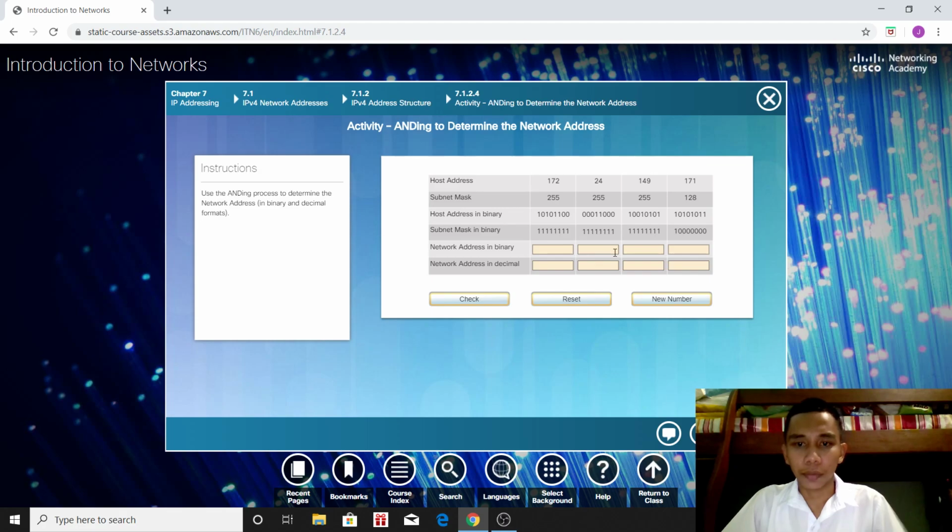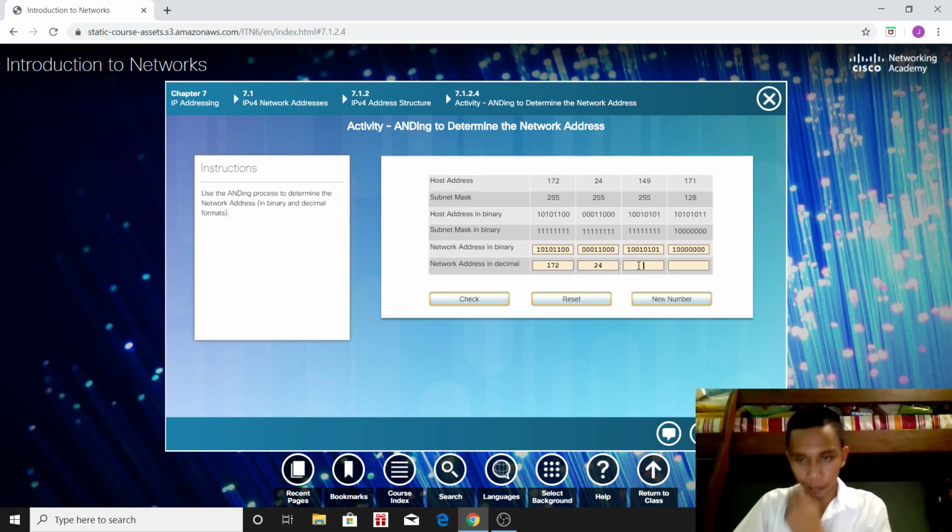So the network address in binary is written out bit by bit. Then the network address in decimal: the first octet is 172, then 124.8.12, and so on.